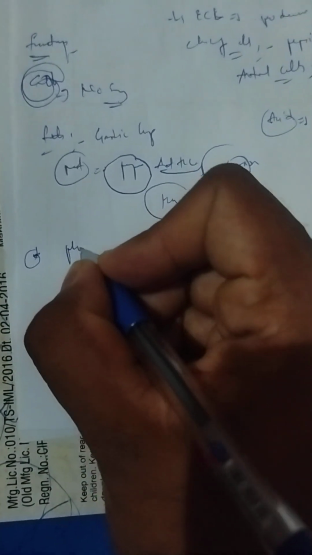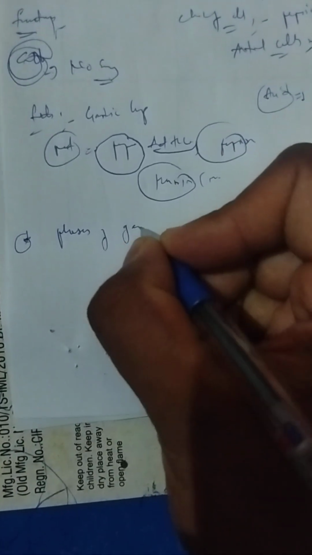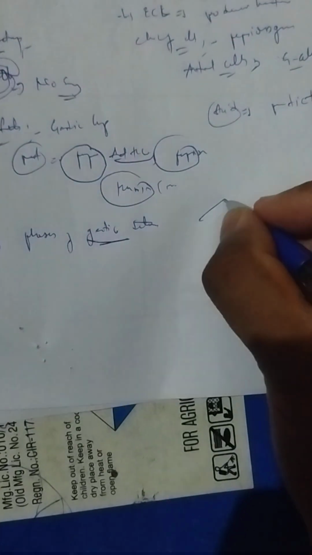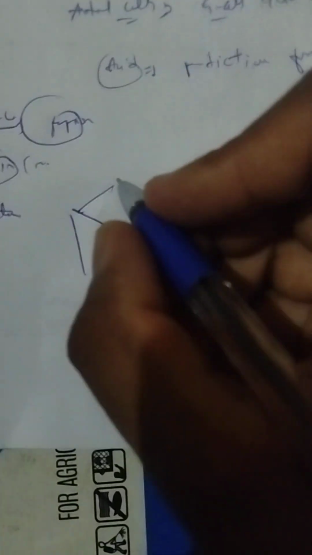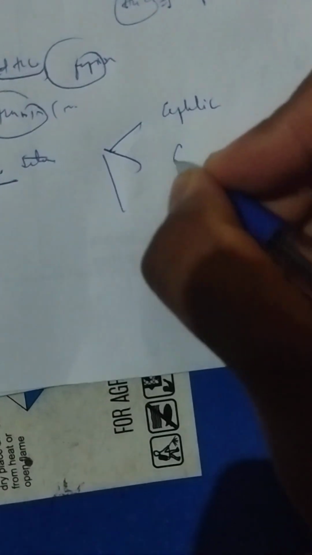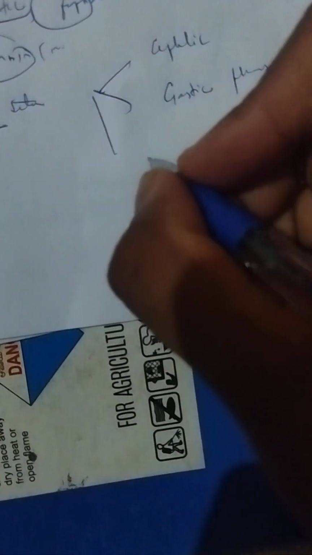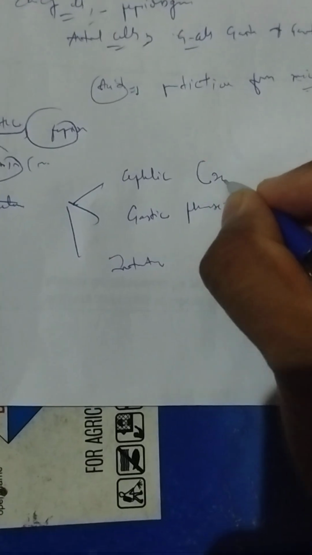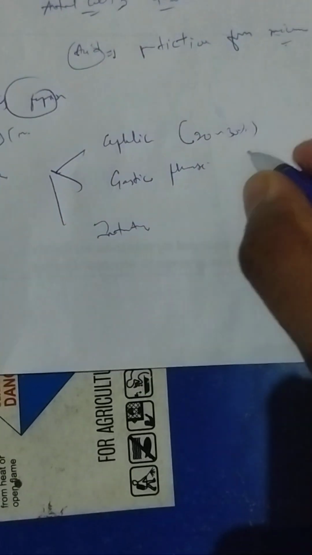So before going on, let us understand the phases of gastric secretion. We have 3 phases: cephalic phase, gastric phase, and intestinal phase. The cephalic phase contributes about 20 to 30% of the gastric acid secretion.